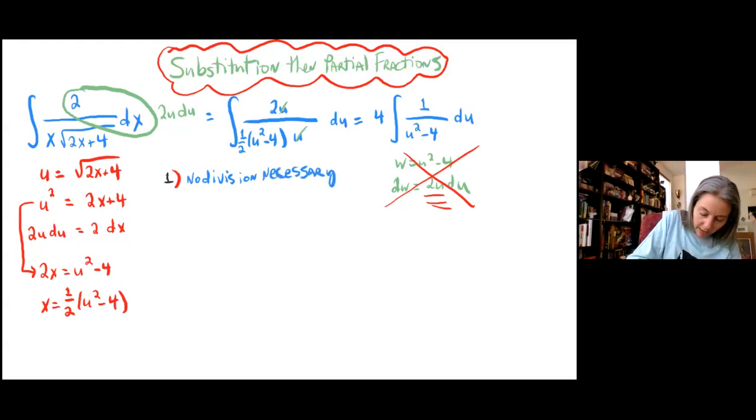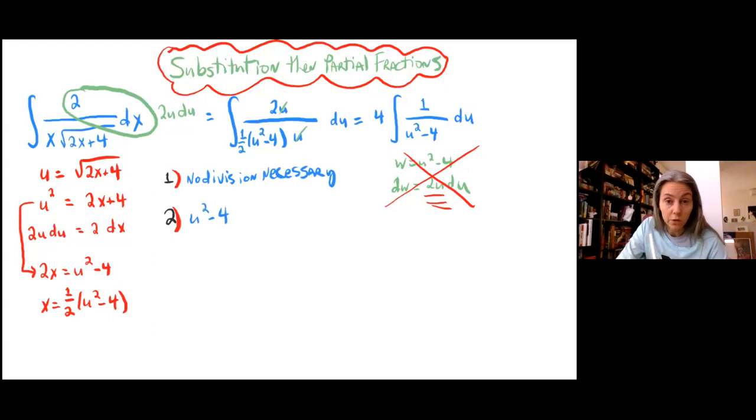Our next step is to factor the denominator, u squared minus 4. Now this is a difference of squares, so we can easily see that it will be u minus 2 times u plus 2. All right, good. So this brings us to our third step, which is to create that partial fractions decomposition. Now notice we have two linear functions.